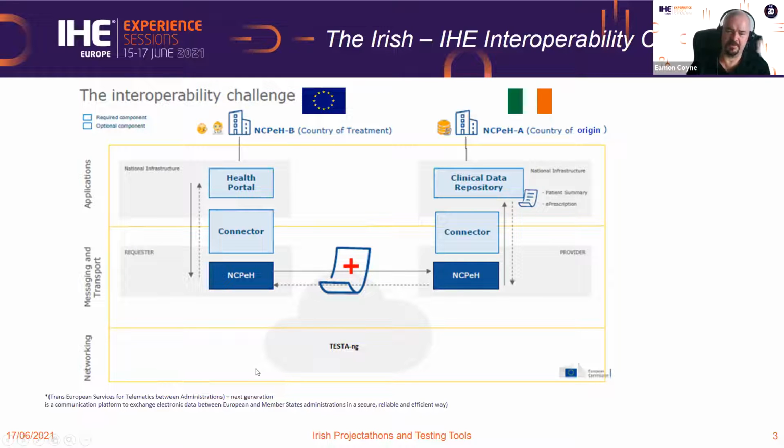So it's based on unplanned care. The patient presents to the healthcare professional in the country of treatment. So somebody that's abroad on holidays presents to the doctor in an emergency department, for example, is feeling unwell, has shortness of breath. The healthcare professional can log on to this eHealth DSI digital infrastructure, request via their national health infrastructure through the national contact point, coming across into country A, country of origin, and request the patient summary.